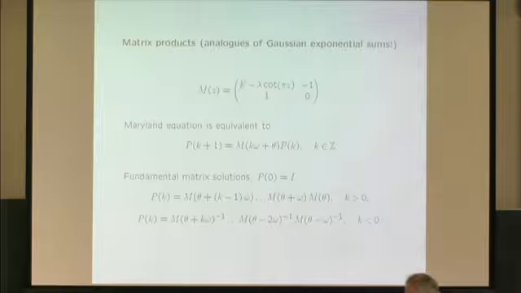And now I'm going to describe the main result, a renormalization formula relating p of k, the fundamental solution of the matrix Maryland equation, which is an ergodic product of such matrices. And I am going to express this ergodic product in terms of a similar ergodic product with a smaller number of terms, as for exponential sums.